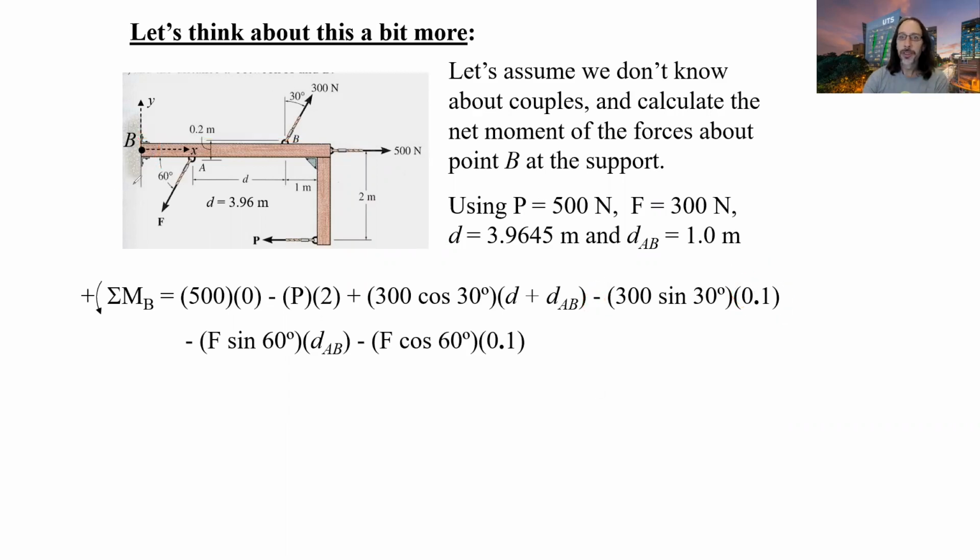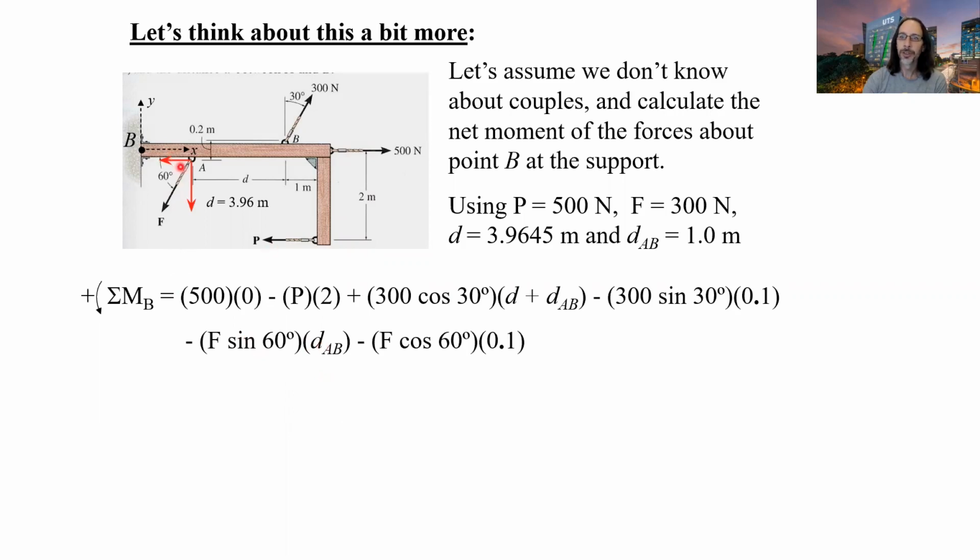Then we've got the force down here. We've got a component down here and a component this way. This vertical component here, F sine 60, or if you like, F cos 30, since this angle in here is 30, times its perpendicular distance to B, which will be the distance DAB.